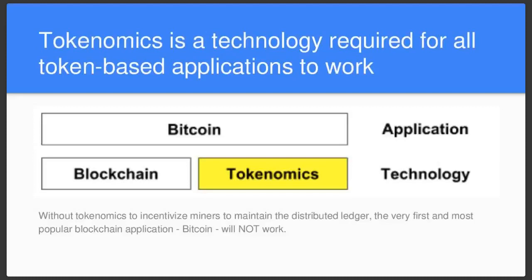If you look at the diagram here, everybody knows Bitcoin. It's the very first and most popular blockchain application, which is cryptocurrency. However, everybody knows Bitcoin is built on blockchain, but very few people recognize that without the token economics design inside, a solution to incentivize the miners to maintain the distributed ledger, Bitcoin would not work.